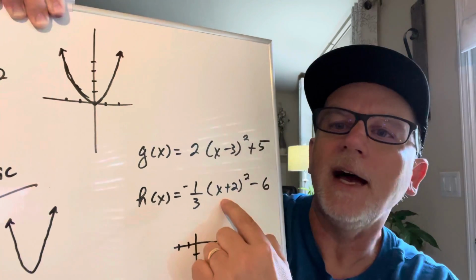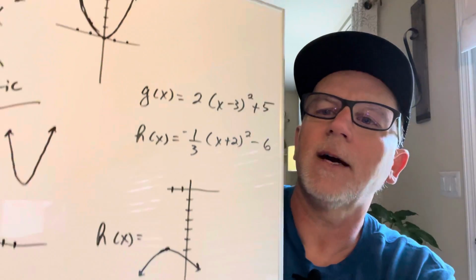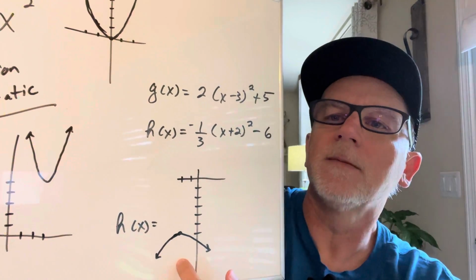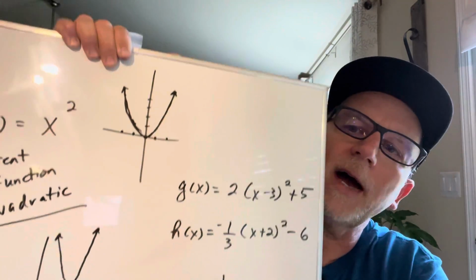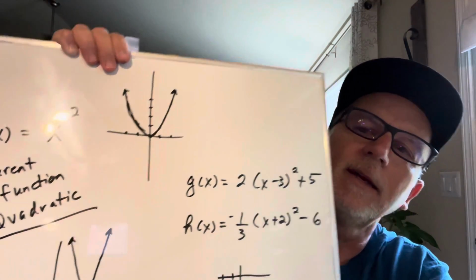This was to the left 2. This was to the right 3. So that's how that works out. So this graph is down here. So this is a little bit about quadratics, the parent function, x squared, and vertical compressions, vertical shifts, and horizontal shifts, and that sort of thing.